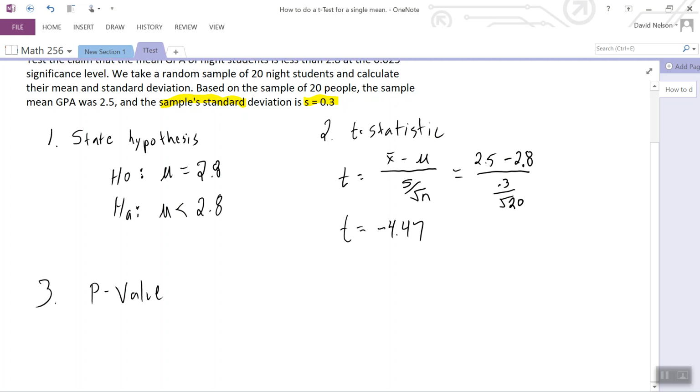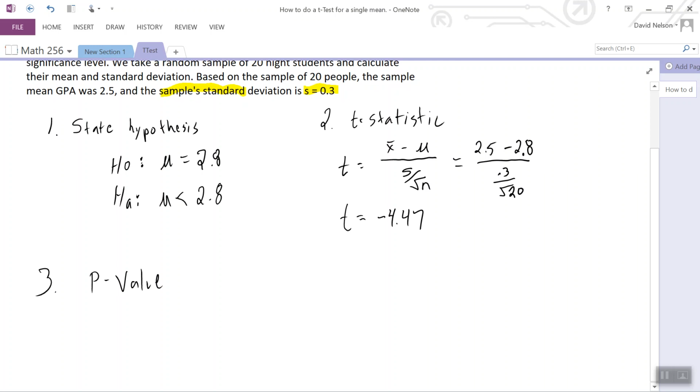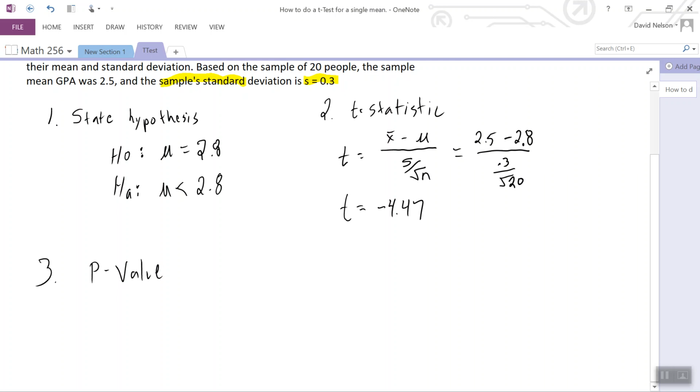Is the difference between the 2.5 and the 2.8 just random sampling variation? Or is it far enough away that I can say it's very improbable that I could get a sample with a mean of 2.5 if the population really has a mean of 2.8? So we're going to calculate our p-value on our calculator.